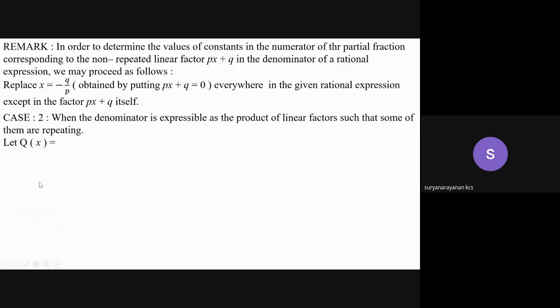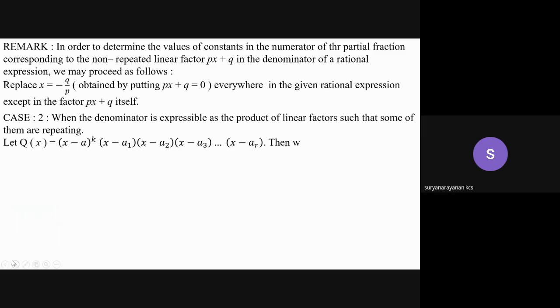Let p of x, the denominator, be equal to x minus a whole power k into x minus a1 into x minus a2 into x minus a3 and so on, x minus ar.